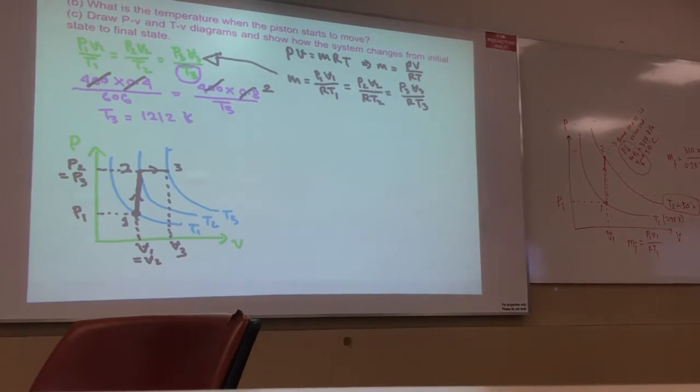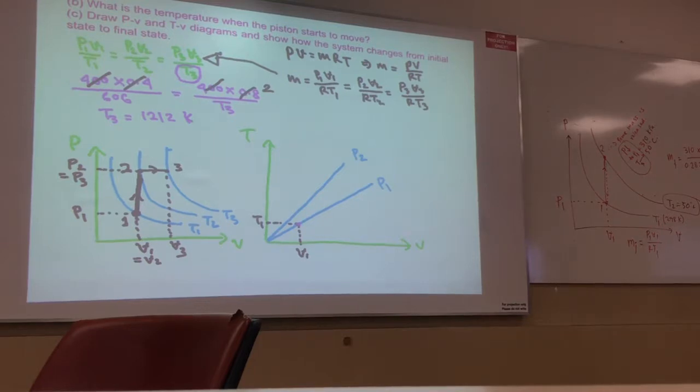This is the PV diagram. If you want to draw the process on a TV diagram, this is T, this is V. Then you have to put the constant pressure line. This is P1. I can draw this is P2. Then what is state 1? P1, T1, and V1. Initially it is a constant volume process.